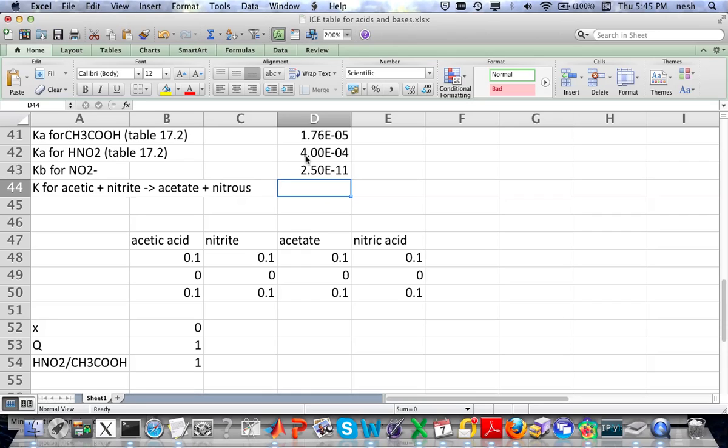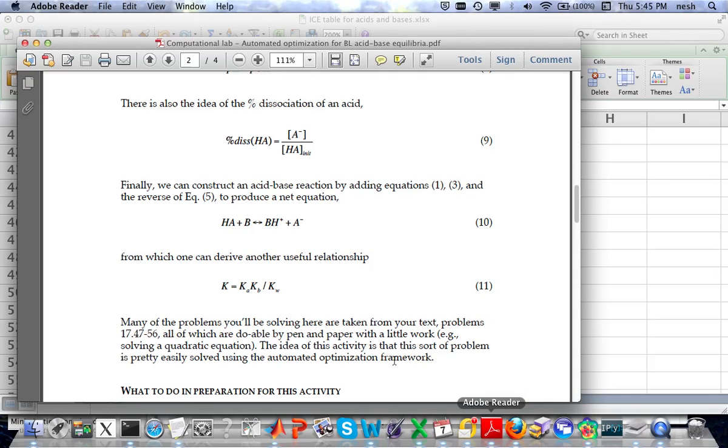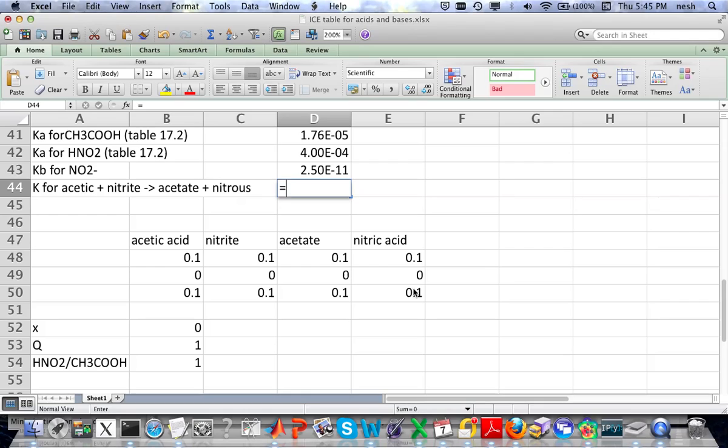Our equation for the equilibrium constant for that entire reaction is Ka times Kb divided by Kw. So that will be Ka for the acetic acid times Kb for the nitrite, all divided by 1 times 10 to the minus 14. And we get that value there.